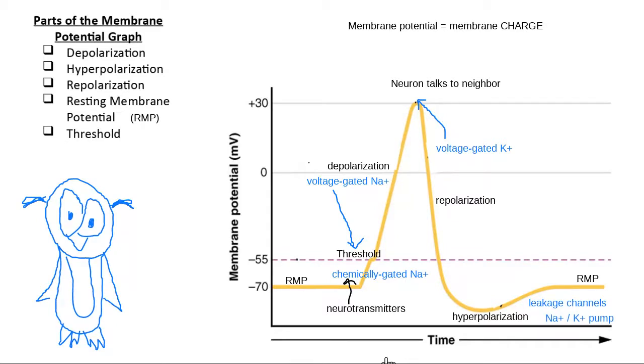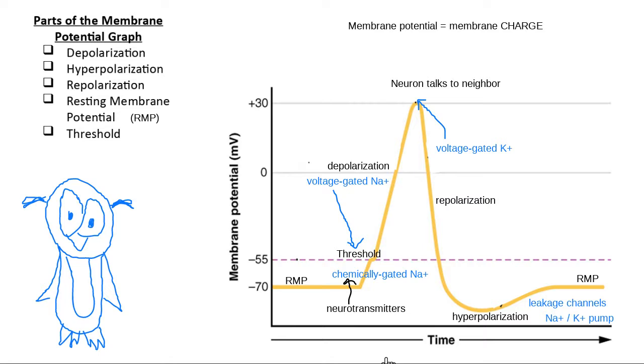Yeah, so Christina asked about the other kind of channel that would also be on this graph. The other kind of channel, and again, we'll talk about this some more soon, is called voltage-gated calcium channels. The goal of a voltage-gated calcium channel is to help a neuron spit out neurotransmitters.